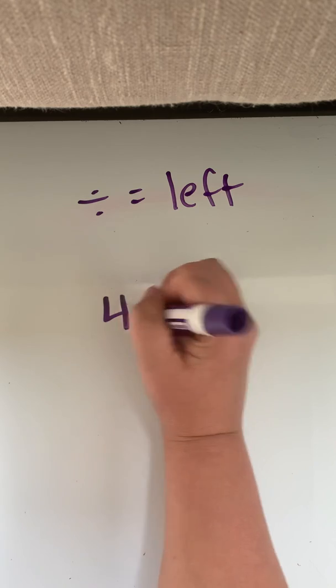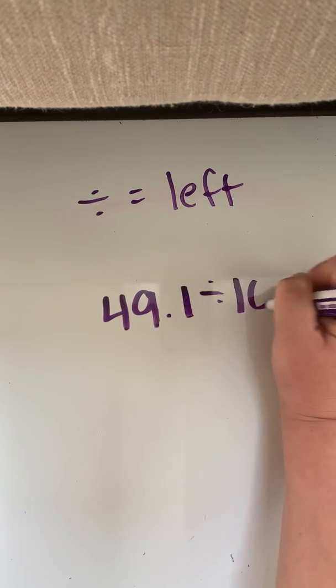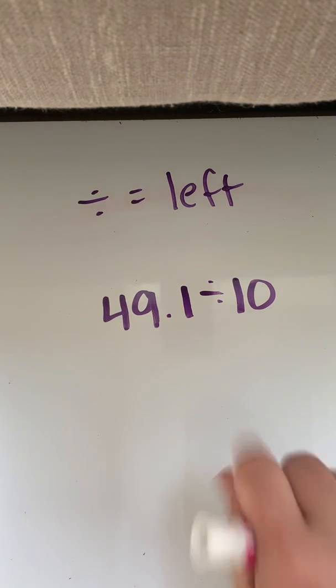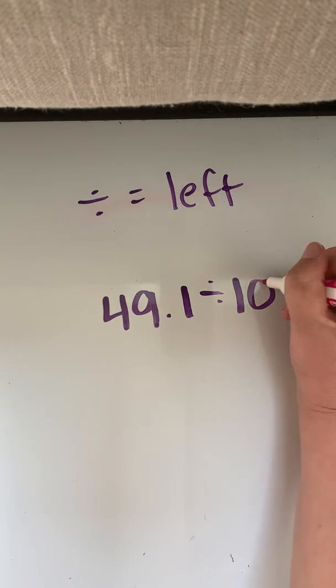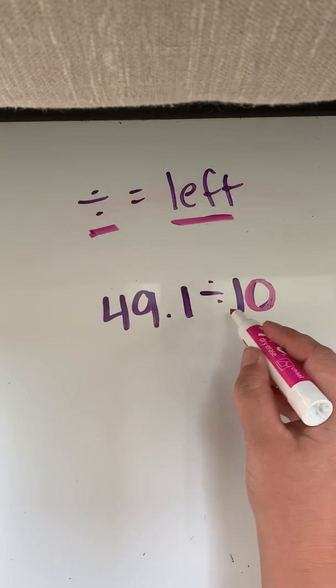49.1 divided by 10. Okay, so let's take a look. I have 1 zero there, and I know that I need to move my decimal to the left because I am dividing.